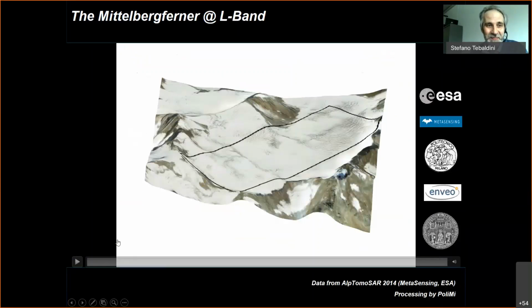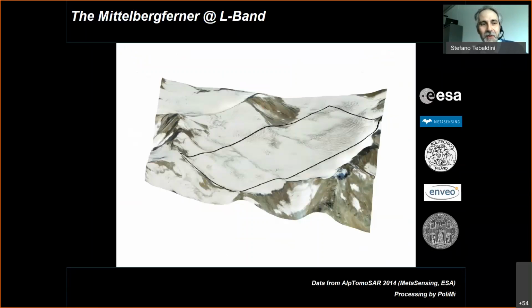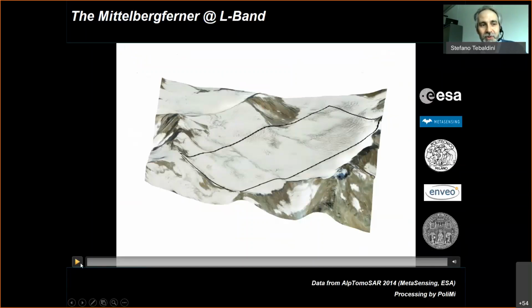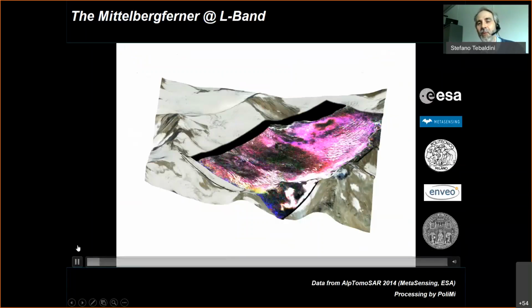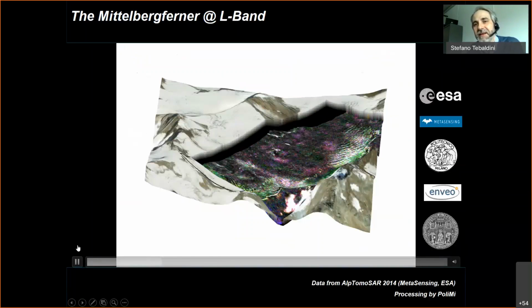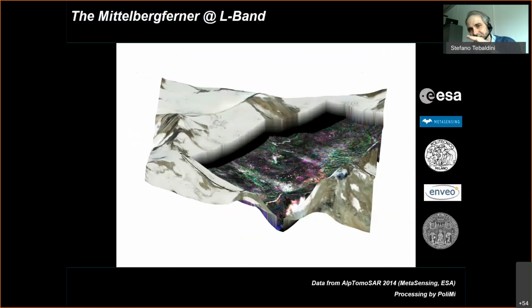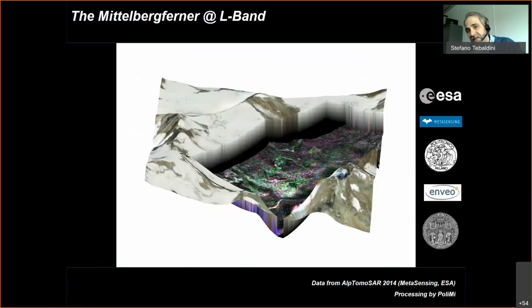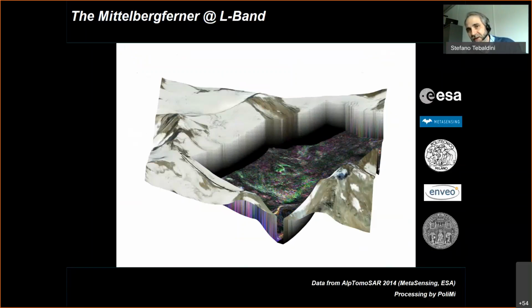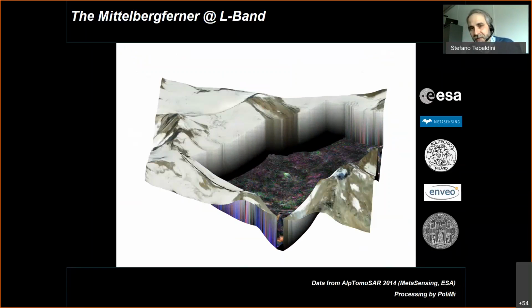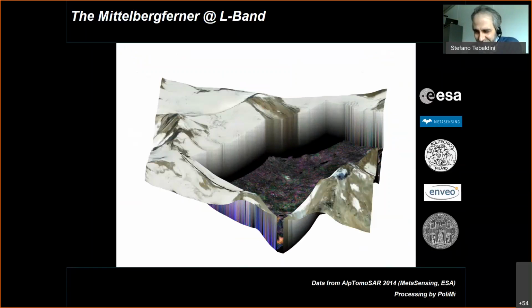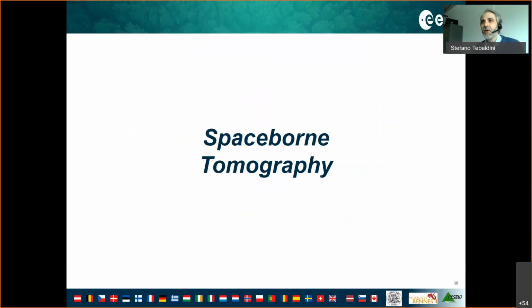And here is an example to try to convey to a broader audience what kind of product tomography is able to generate. So you see that we have the polarimetric signature of the ice changing as a function of depth. Okay, so this is it for the campaign.